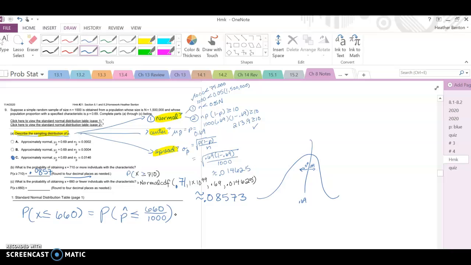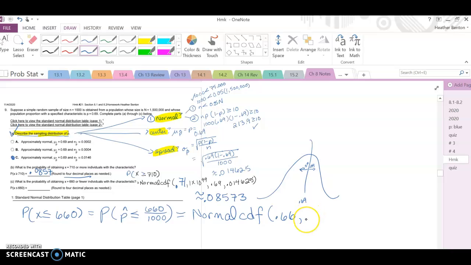So you're really looking at 0.66 when you go to put this in your calculator. This is normal CDF, and the only reason we can use normal CDF is because part A worked. It was indeed normal. Did we change our mean or standard deviation? No, because we didn't change our sample size.